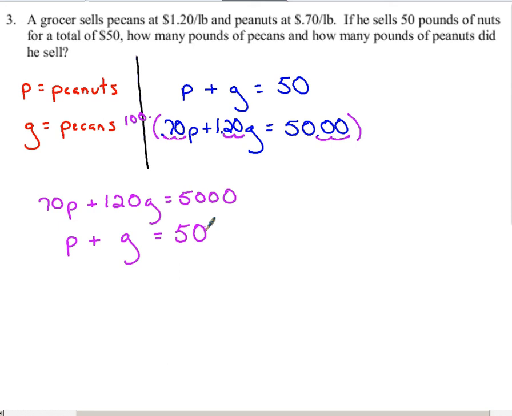Elimination works, we know that, but let's do substitution. Let's solve for g here. You solve for g, g is going to equal 50 minus p, right? So I'm going to take 50 minus p and insert that in the place of g up here.